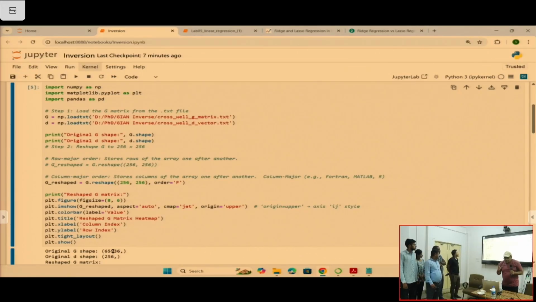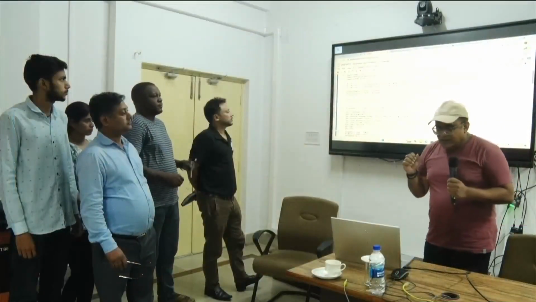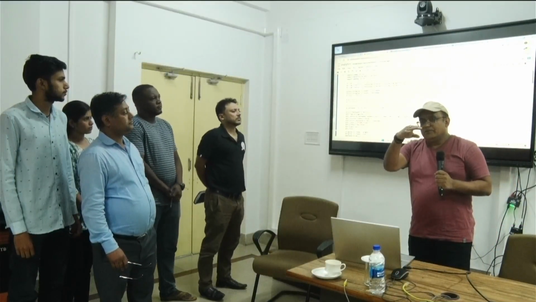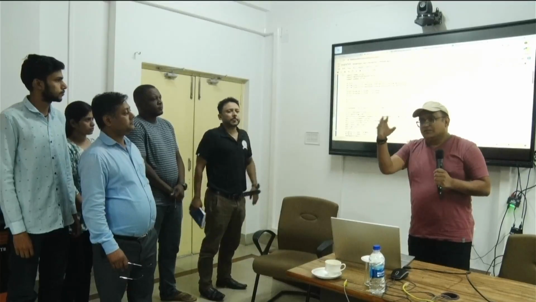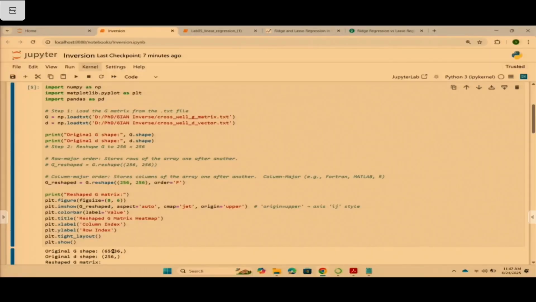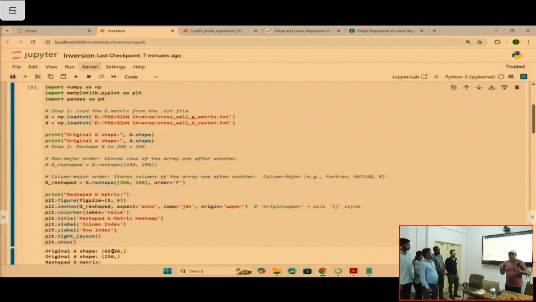So we tried two approaches to reshape the G file. One was the default Python, which is row wise. Suppose you have a matrix, the rows are stacked: you take one row, stack it in a column, second row stacked below it, and so on. We tried that approach, but it was not working because the determinant was coming 0.